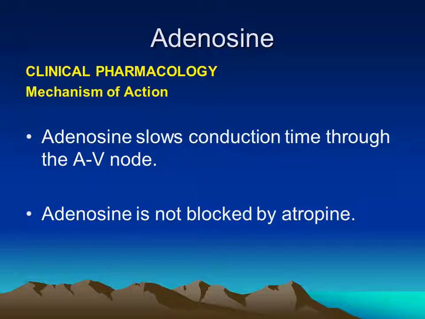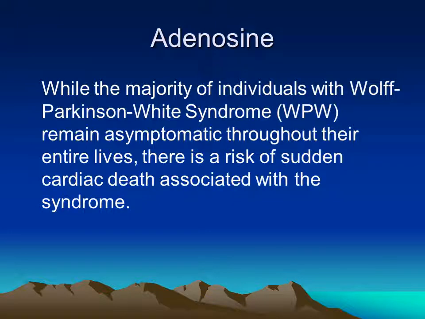So, adenosine slows the conduction time through the AV node, and adenosine is not blocked by atropine. While the majority of individuals with Wolff-Parkinson-White syndrome remain asymptomatic throughout their entire lives, there is always the risk of sudden cardiac death associated with the syndrome.